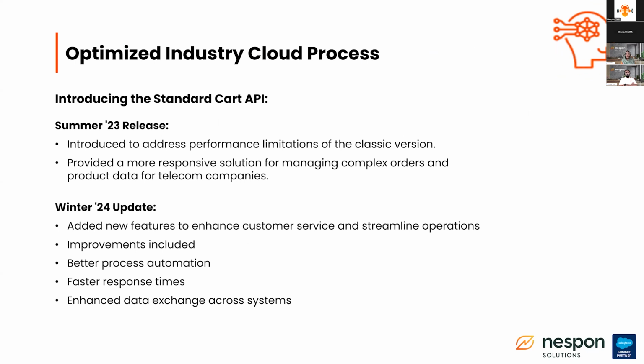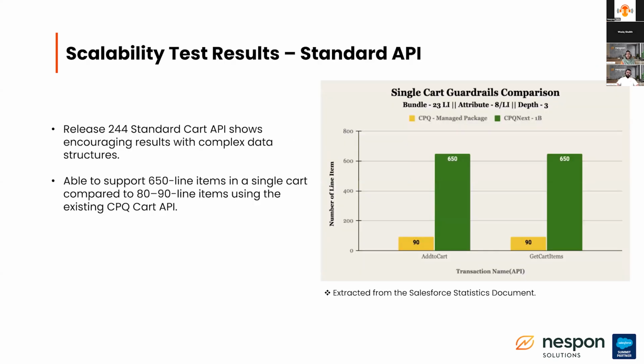As part of the Winter 24 update, Salesforce enhanced the API further by introducing new functions and features. Process automation has been improved. The API provides more modular functions, allowing actions like adding, removing, and updating cart items, running pricing, and checking cart status in a straightforward way. With that, I will turn it over to you, Taqir, to guide us through the next segment.